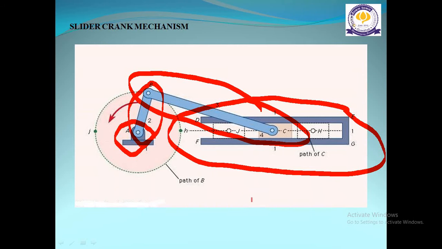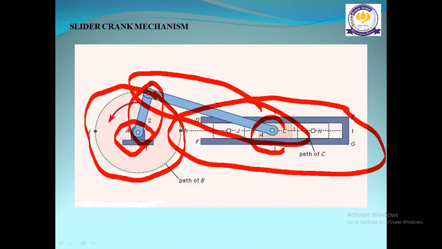So in the slider crank mechanism, as you can see the circle, the rotary motion takes place. This crank rotates and the rotary motion takes place here, and at this point you can see the slider, that is link 4.